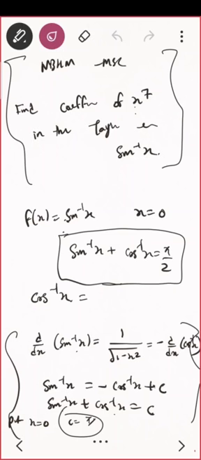You need to find the first derivative, equate it to zero, then find the double derivative. If your double derivative is positive, then you have local minima, correct? And if it is negative, then you have local maxima. I hope you remember that.